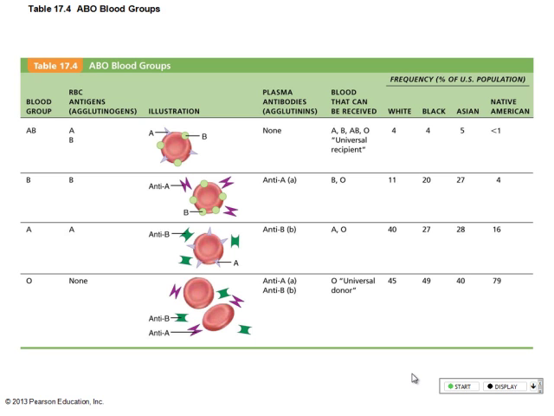My antibodies are going to attack those foreign cells and cause what to happen? A rejection. Clots. Antigen-antibody reaction creates clumps.